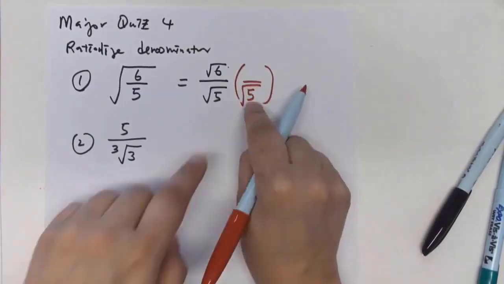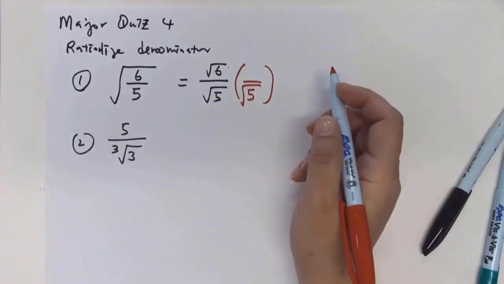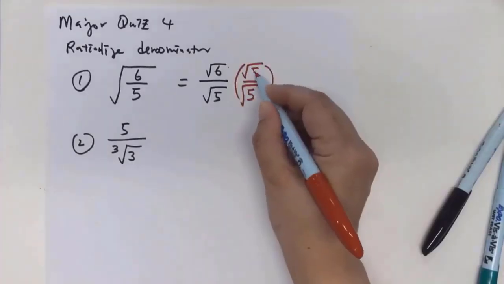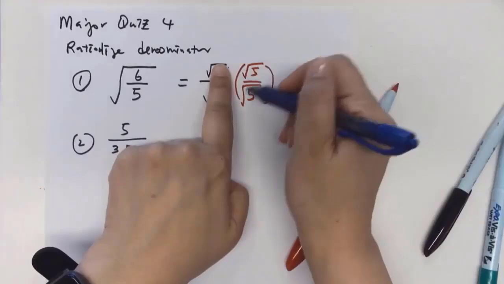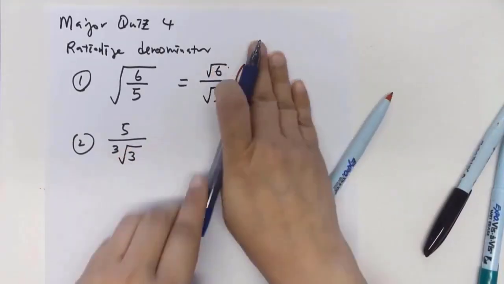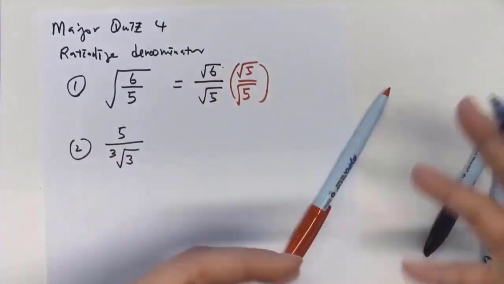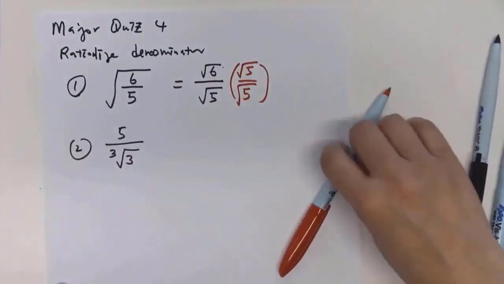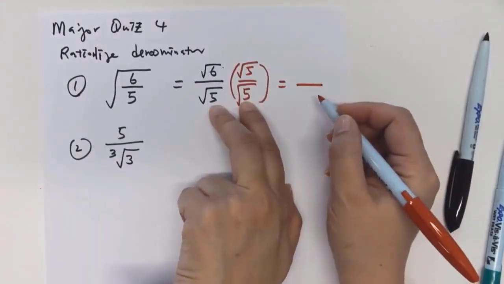Square root of 5, so they will have a pair and can get out, right? On top, square root of 5. You cannot multiply by square root of 6. We multiply this and it's legal because if we reduce it, this becomes 1. It's like we're not changing the question. But if you put a square root of 6, that's not a 1. You're multiplying extra stuff.